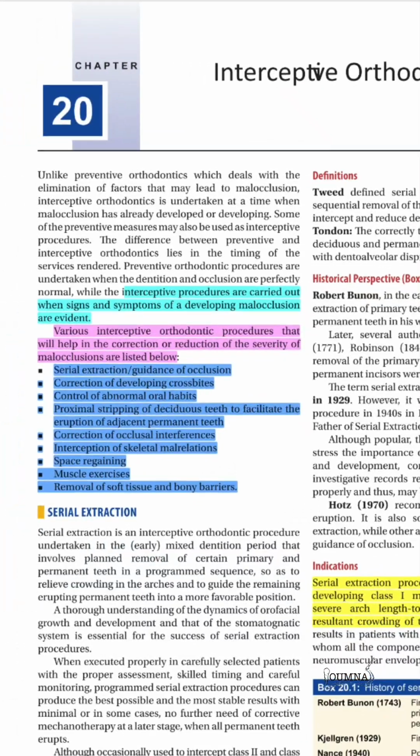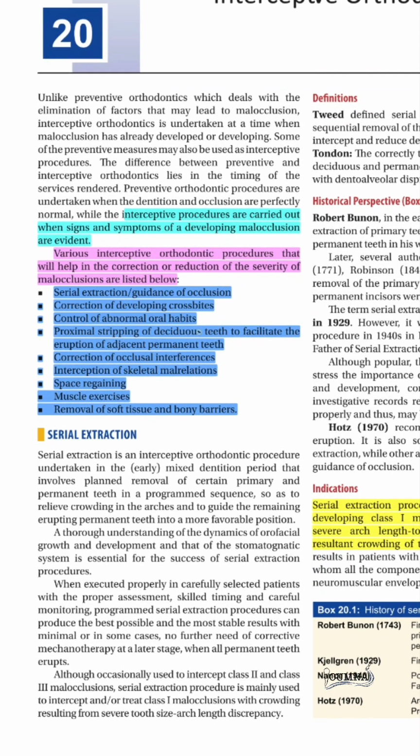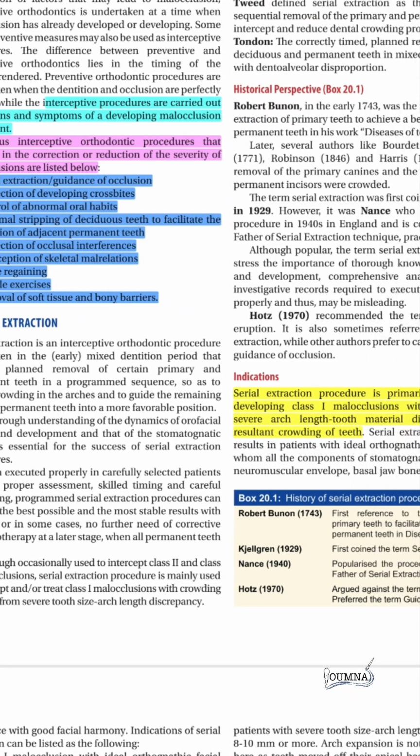They are divided into the serial extraction of the tooth, correction of anterior cross bites, controlling of oral habits, doing the stripping of the mesial and distal interproximal space of deciduous tooth, correction of occlusal interferences, space regaining, muscle exercises, and removing any barrier to the tooth eruption.